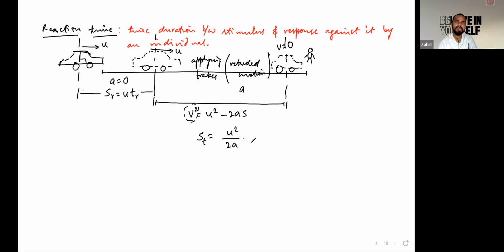So you can write it as S_T. This will be your stopping distance, and this will be your distance traveled in reaction.